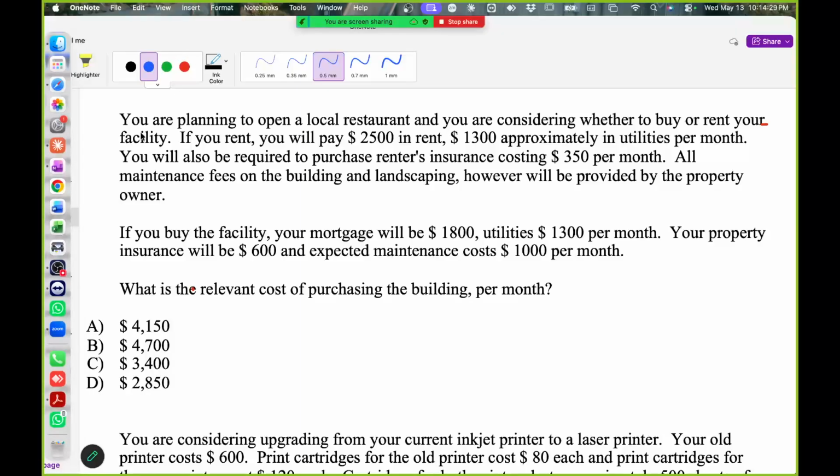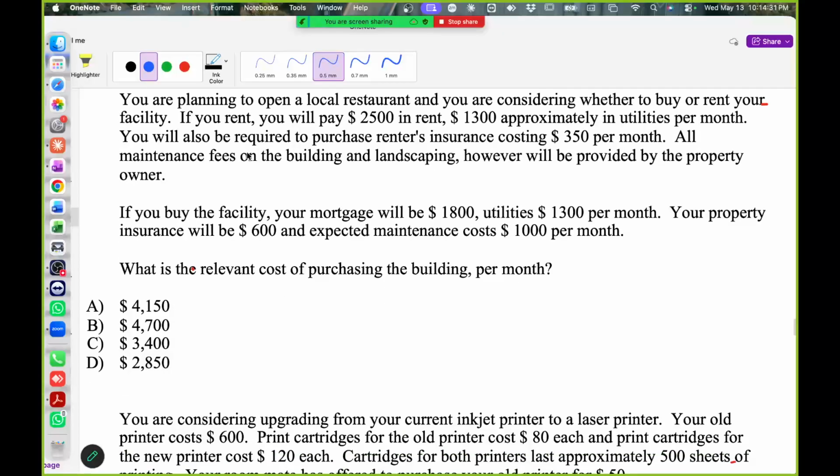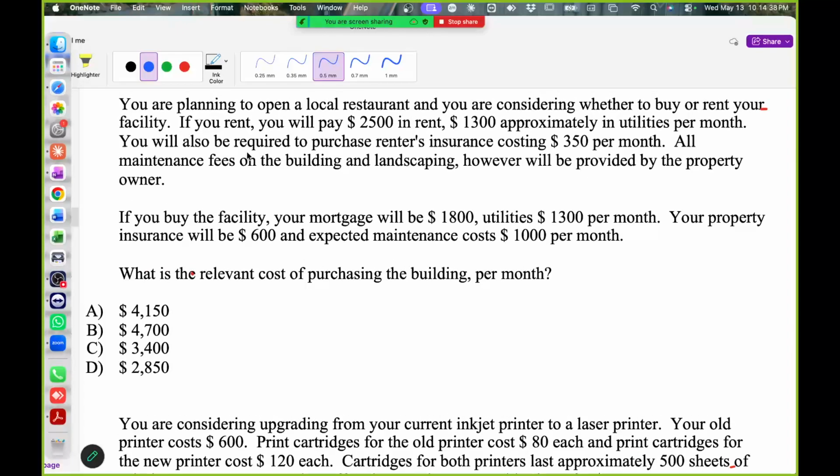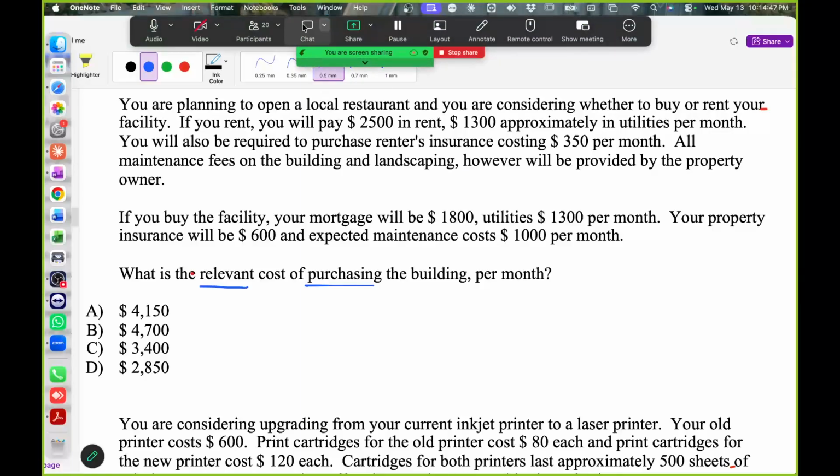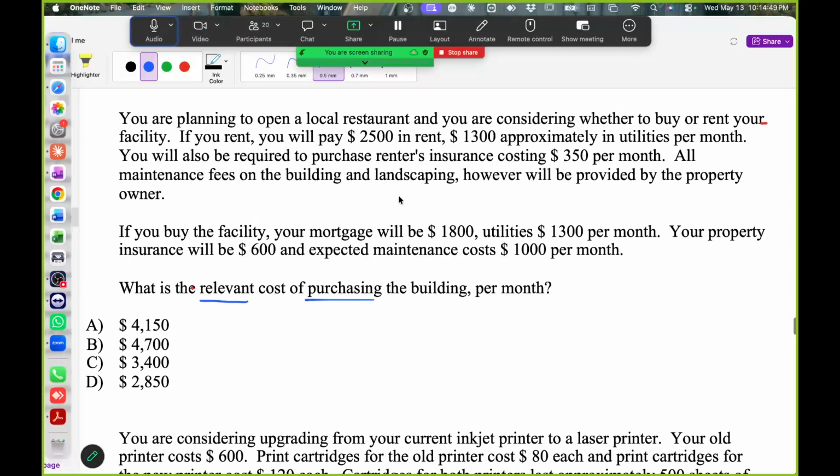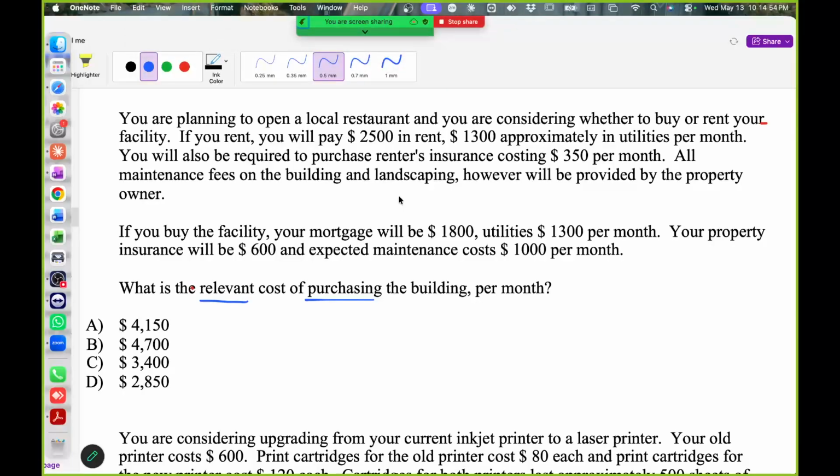Okay? What is the relevant cost of purchasing? So, it's a beautiful example. You're planning to open a local restaurant or boutique or whatever, some business. You have 2 choices.